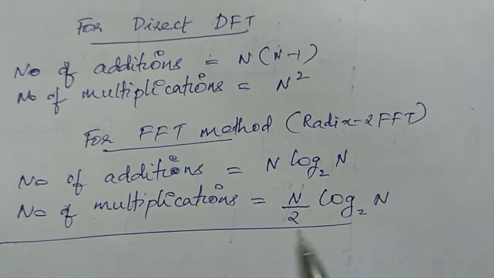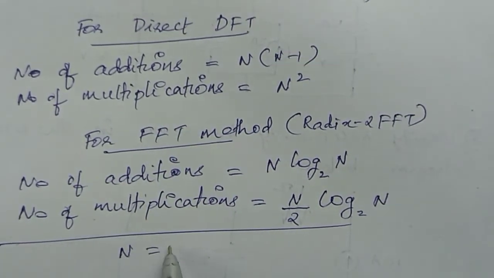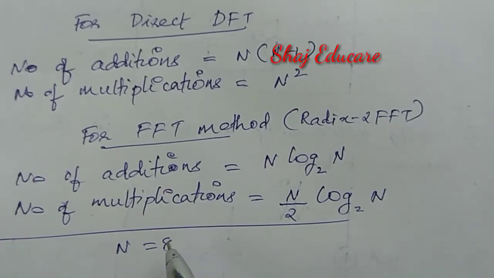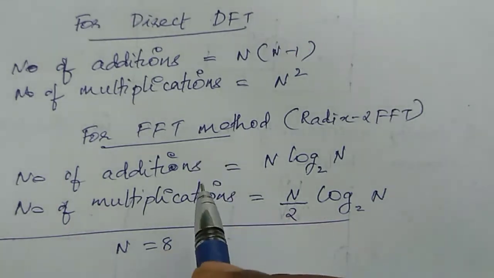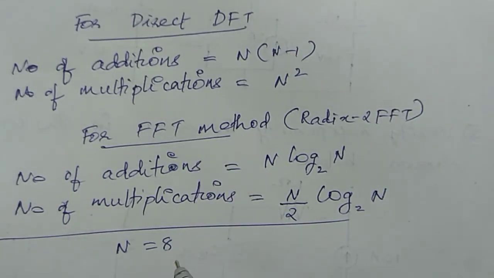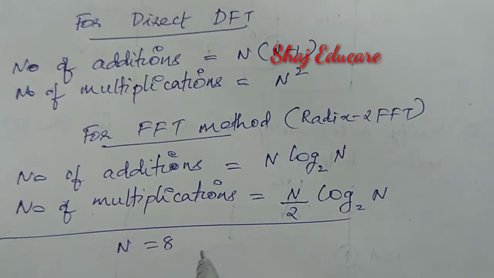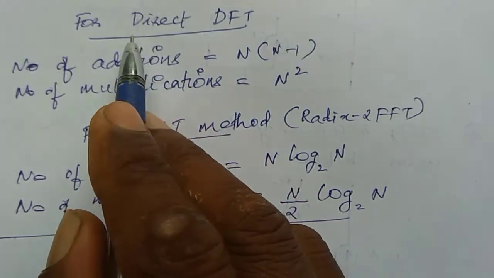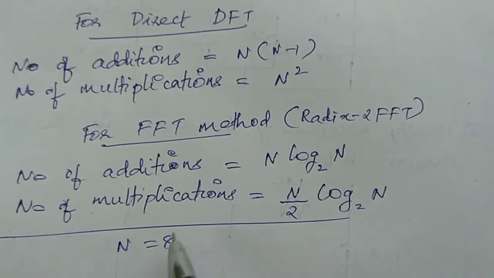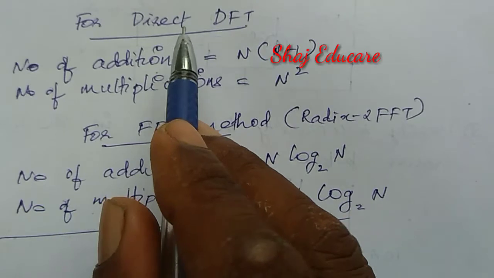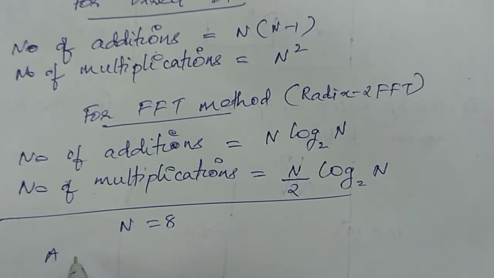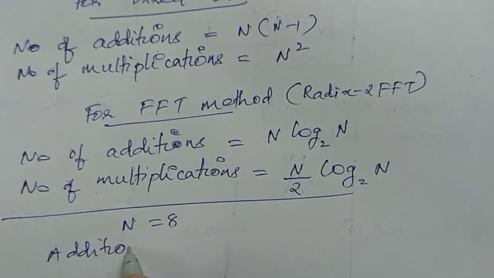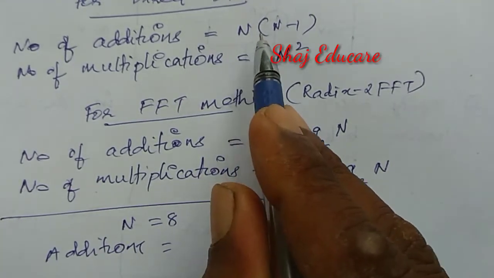Now let us demonstrate this concept. Suppose we are going to find the 8-point DFT. For the 8-point DFT, N is equal to 8. If we find the 8-point DFT by using the ordinary method, the number of additions is N into N minus 1.